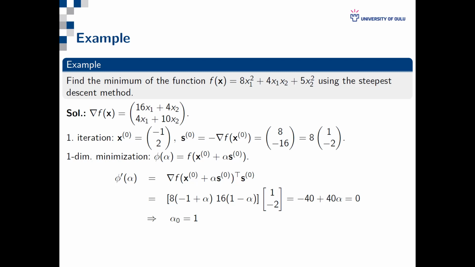The matrix is clearly positive definite, so we have a convex optimization problem. We don't have to worry: when we find the zero point of the gradient, it is already the minimum point.